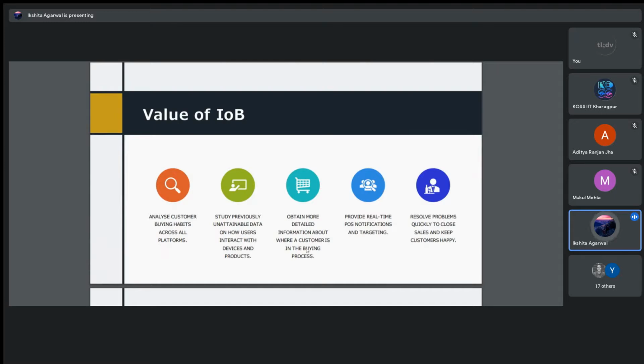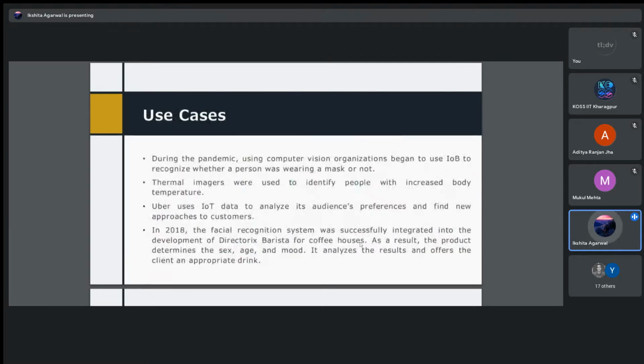It obtains more detailed information about where a customer is in the buying process so that it can keep track of it, and then provides real-time POS, that's point of sale, notification and targeting, and resolves problems quickly to close sales and keep customers happy. So this is the value IoB can add, and here are some use cases which have evolved around it.